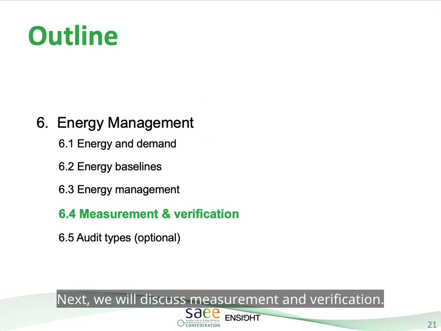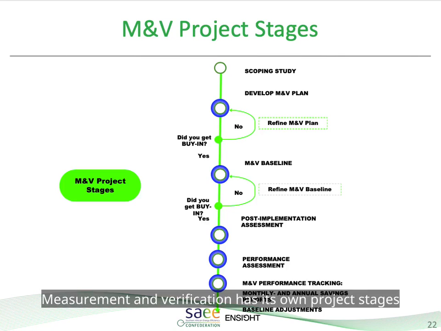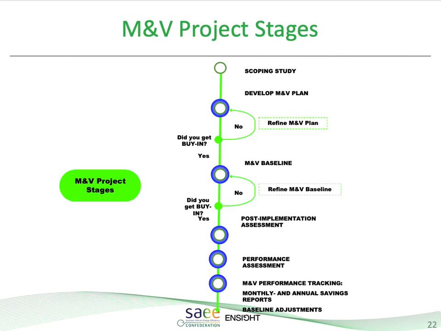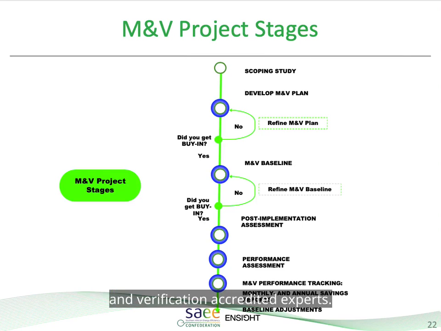Next, we will discuss measurement and verification. Measurement and verification has its own project stages and usually requires a dedicated team of measurement and verification accredited experts. This course can also be offered to Formosa Textiles.